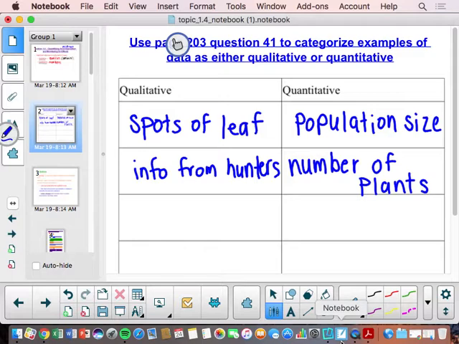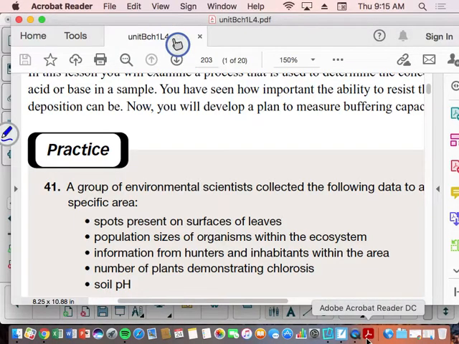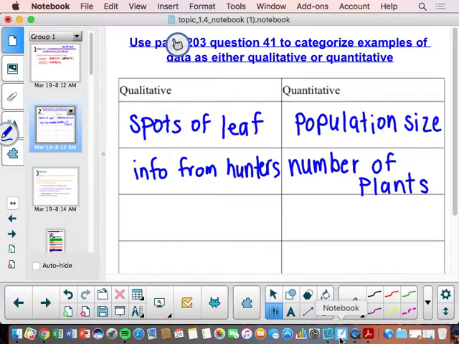It's a number, so that would be quantitative information. Soil pH. I told you that one before, that's my example. So soil pH is a number, so that would be a quantitative piece of information.